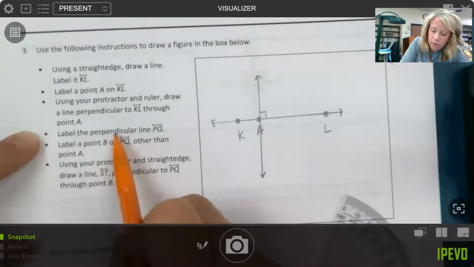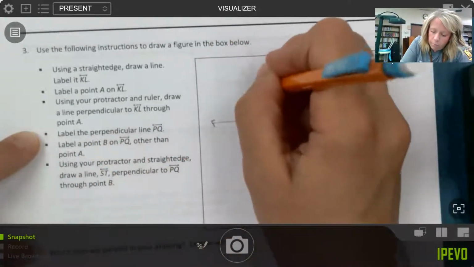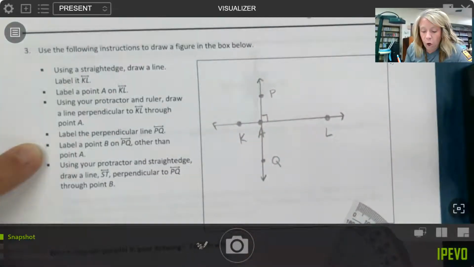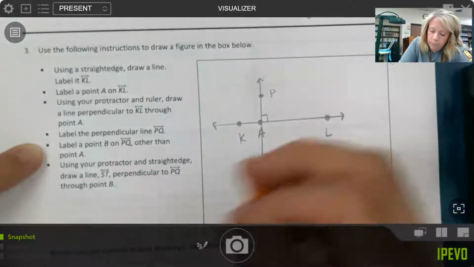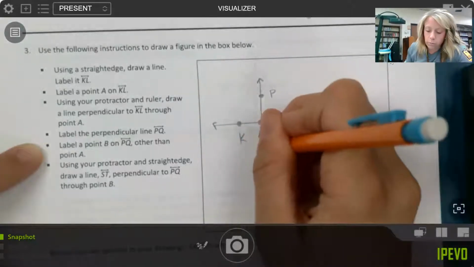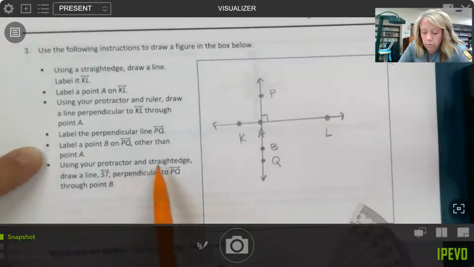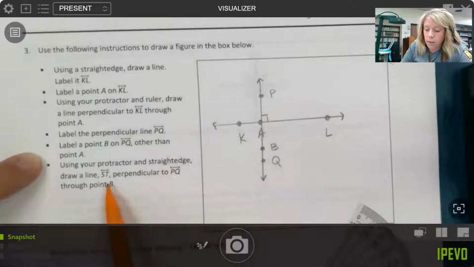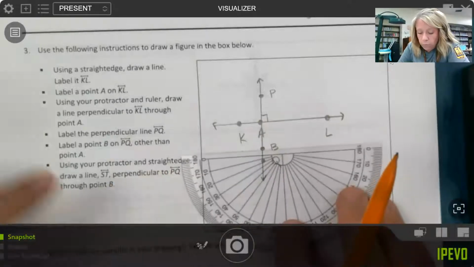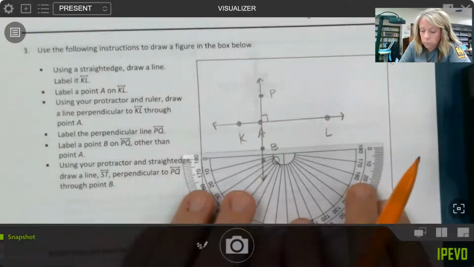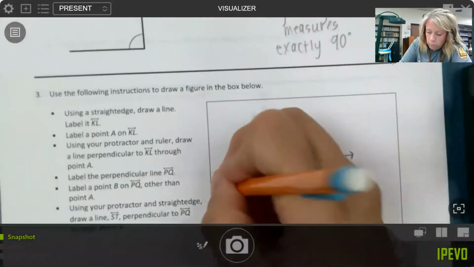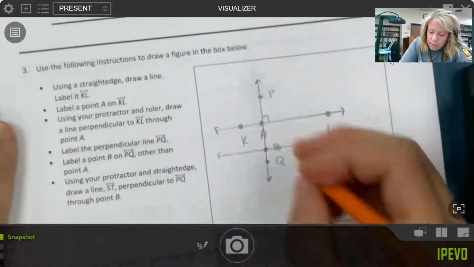Label the perpendicular line PQ. Label a point B on PQ other than point A. Using your protractor and straight edge, draw a line ST perpendicular to PQ. And I need to label this ST.